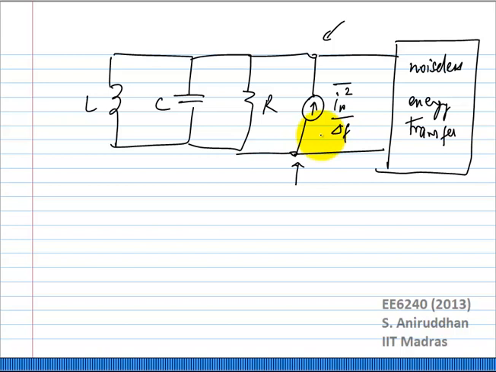Okay, correct. So let us take any noise source. Let us say we have a noise at a pair of nodes, a differential pair of nodes. I take a resistor, and I have Vn squared between these two nodes.